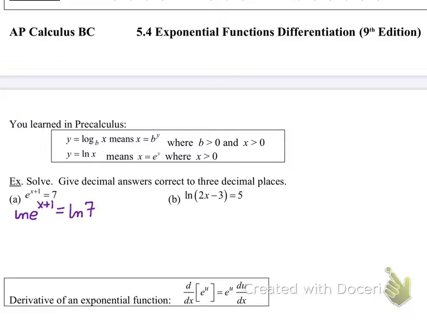So rather than log rolling, I'm going to take the natural log of both sides because I know the natural log is the inverse of a function that is e to the. So when you do that, you end up with x plus 1, because the natural log and the e cancel, equals the natural log of 7.